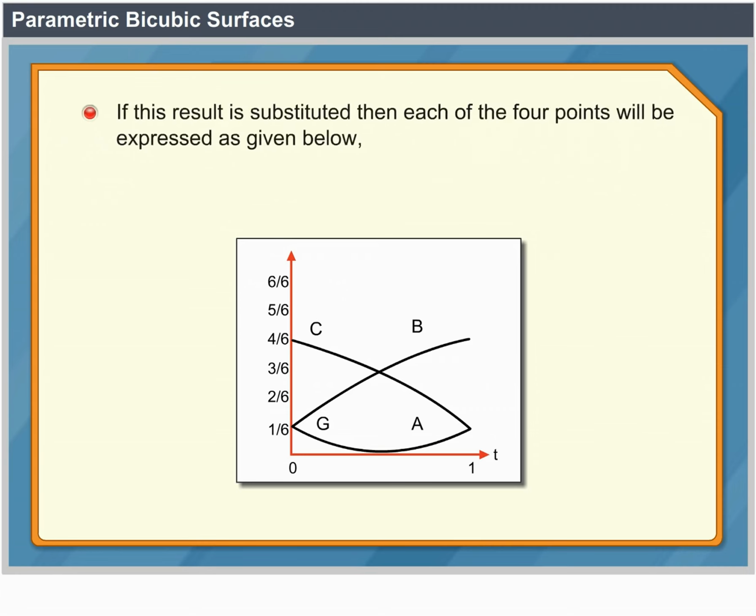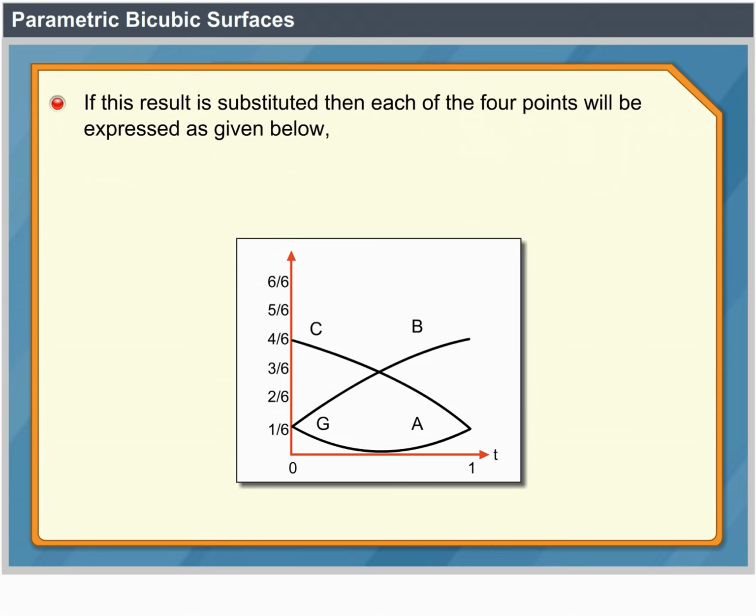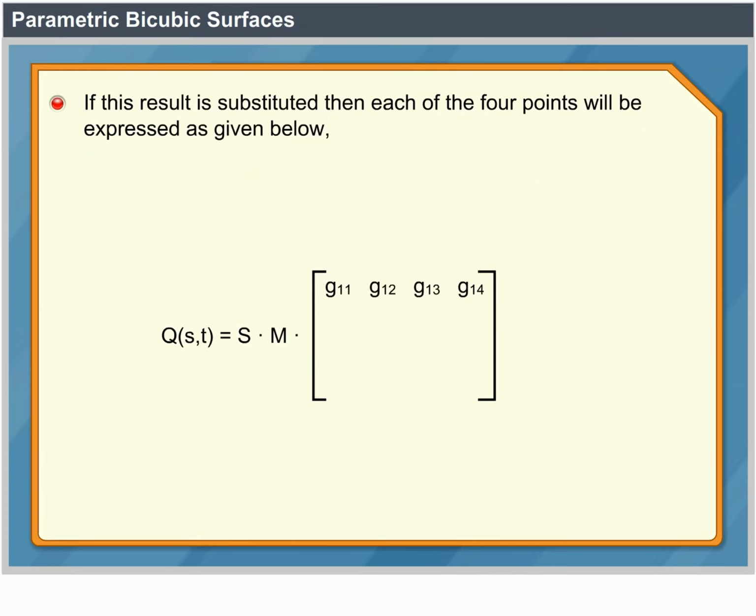If we now substitute this result in each of the 4 points, we have the following resulting matrix, or Q(s, t) = S · M · G · M transpose · T transpose, where 0 is less than or equal to s and t, which are less than or equal to 1.